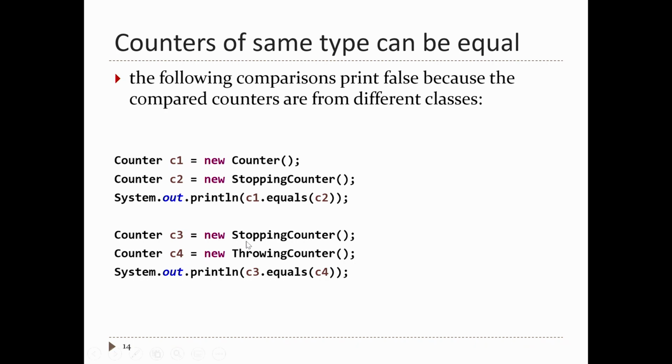Similarly, if you make one StoppingCounter and one ThrowingCounter and ask if they're equal, the answer is always false, even if their values are equal. That may not be how you want your counters to behave; it might be, it might not be. If you don't want to allow cross-class comparisons for equals, use getClass.